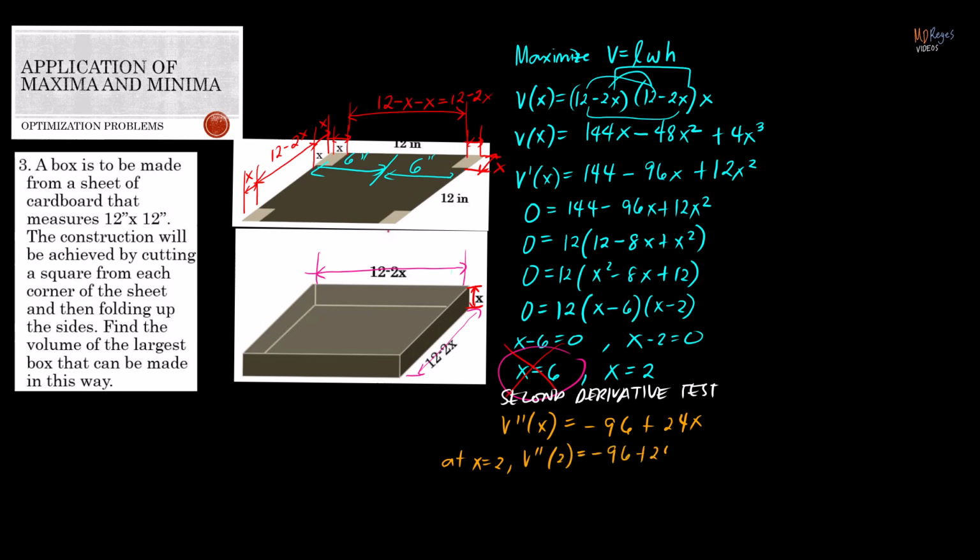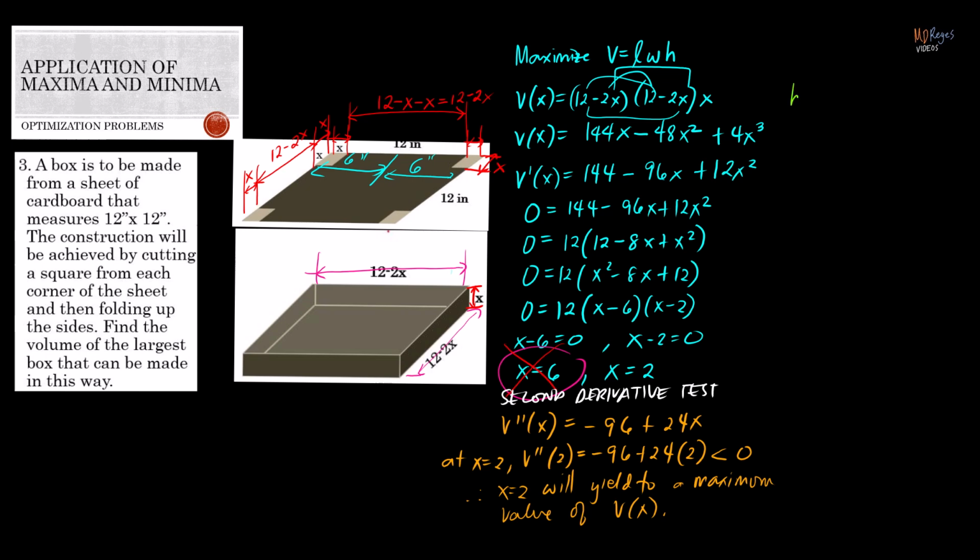That's negative 96 plus 24 times 2, so that's negative 96 plus 48. So this is a negative number, which is less than 0. If v double prime of x is less than 0, we conclude that x will yield a maximum value of the function. Therefore, x equals 2 will yield a maximum value of v of x.